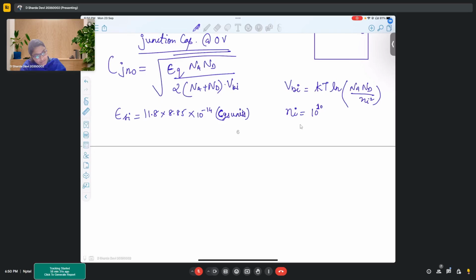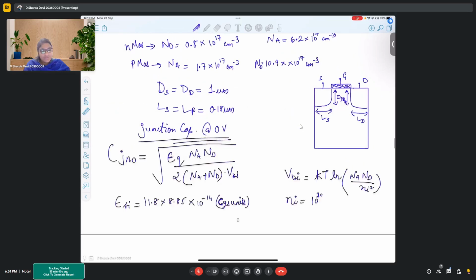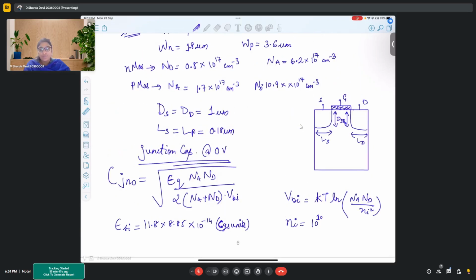So we are not talking about meters anymore. We'll be describing things in centimeters now. As you must have observed, the concentrations which were given were also in per centimeter cube, so the areas and everything we state in per centimeter square or in centimeters. So CGS units will be used to get the answers.